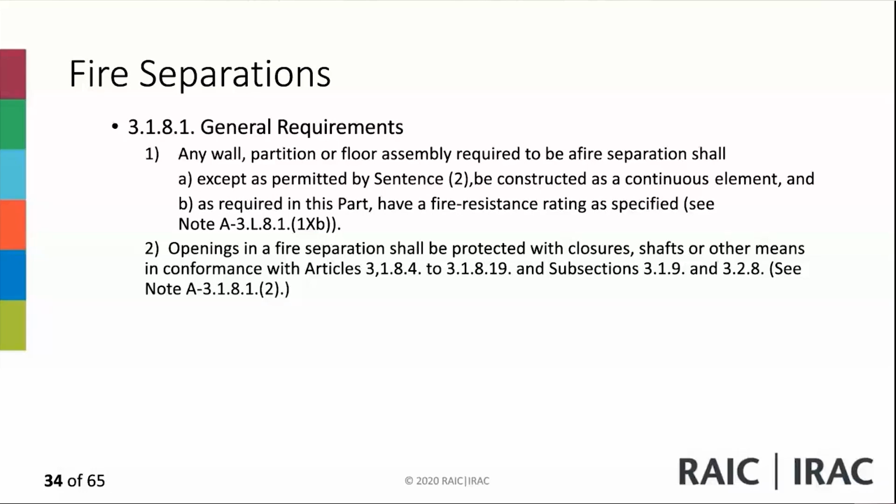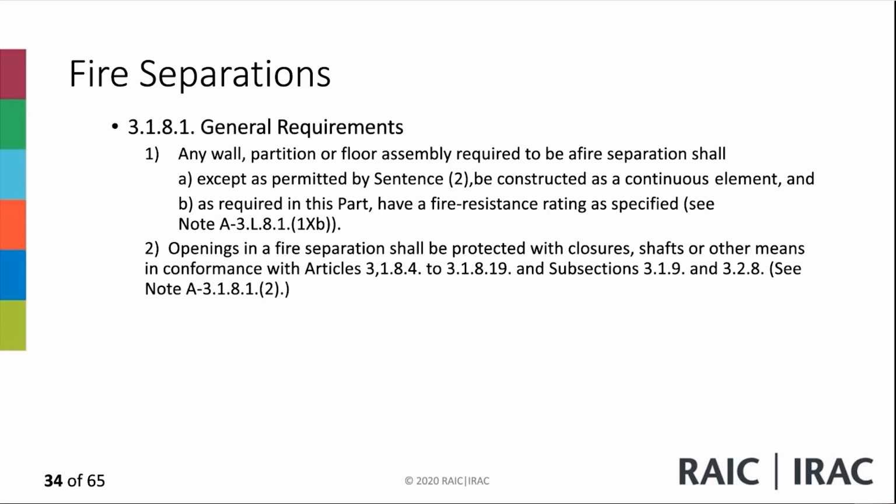Any wall, partition, or floor assembly required to be a fire separation shall be constructed as a continuous element and, as required in this part, have a fire resistance rating as specified, except as permitted in sentence 2. Openings in fire separations shall be protected with closures, shafts, or other means in conformance with the applicable articles.